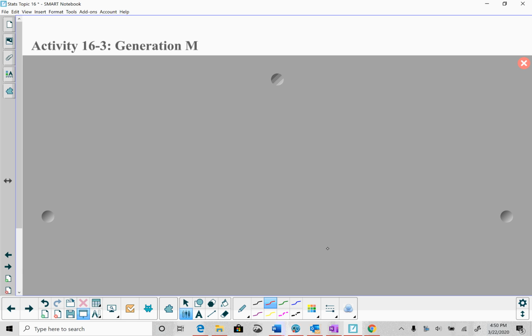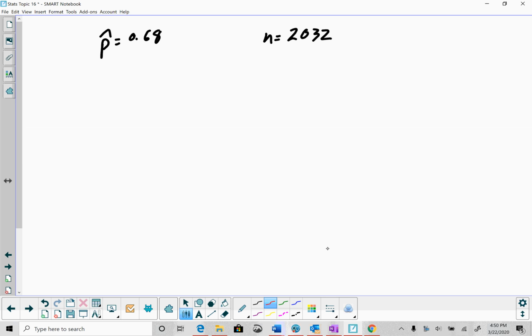Okay, then for number 3 here, let's actually calculate. They told us here that p hat was 0.68 and the sample size was 2,032 people.